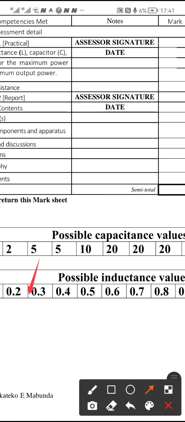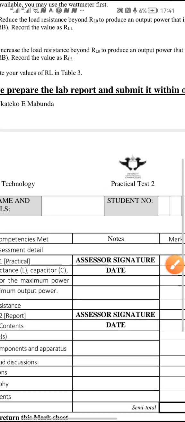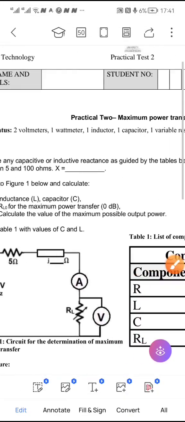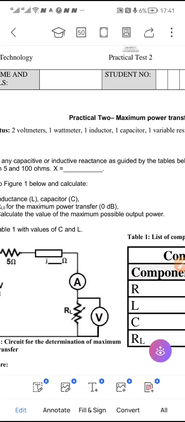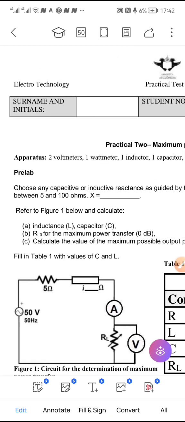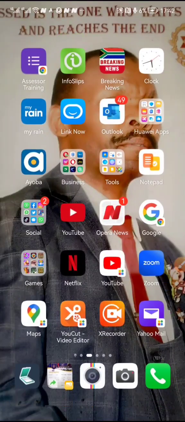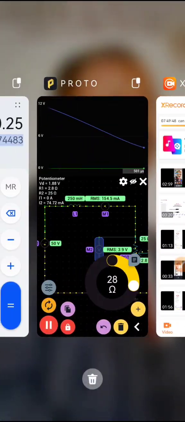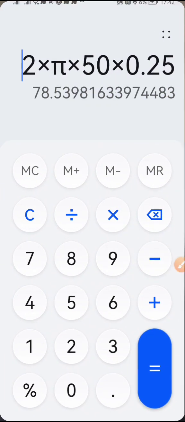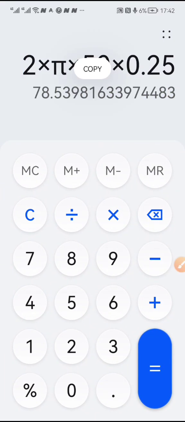Right, now if I choose 0.25, that will lead me to the value of the inductive reactance, which I have to choose for that. So I worked from the back and then coming to the front. I'll open up my calculator to check what the 0.25 will give me in terms of the reactance.